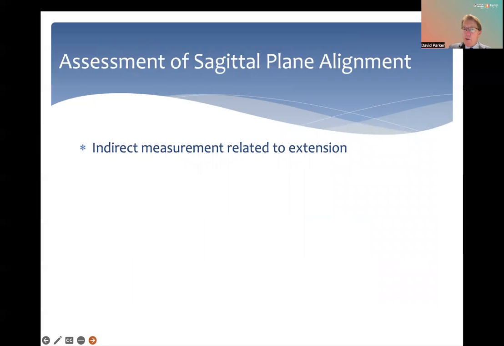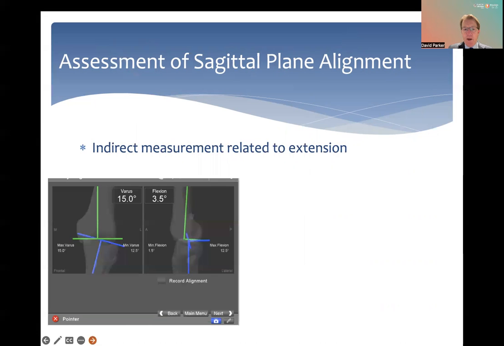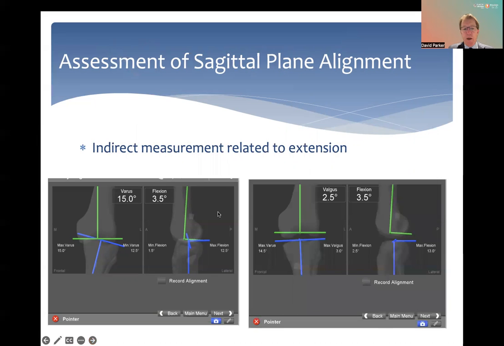And also we can look at the sagittal plane. So we don't directly measure the sagittal slope with navigation, but we can look at the extension that patients have pre and post correction. So for example, this patient has a 15-degree varus deformity and a 3.5-degree flexion contracture. And when we've corrected them to 2.5 degrees of valgus, they have the same flexion contractures.